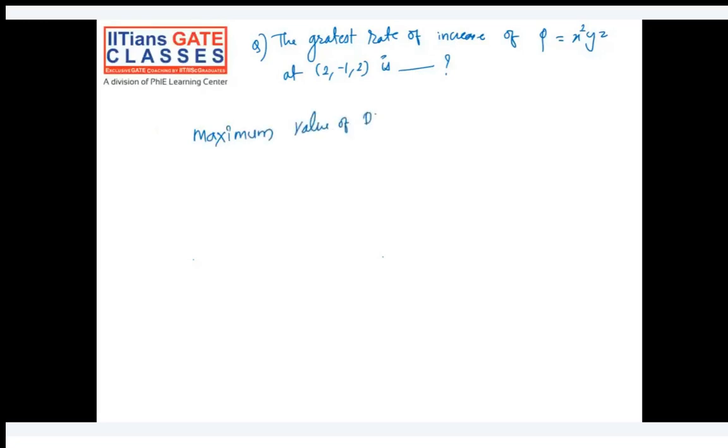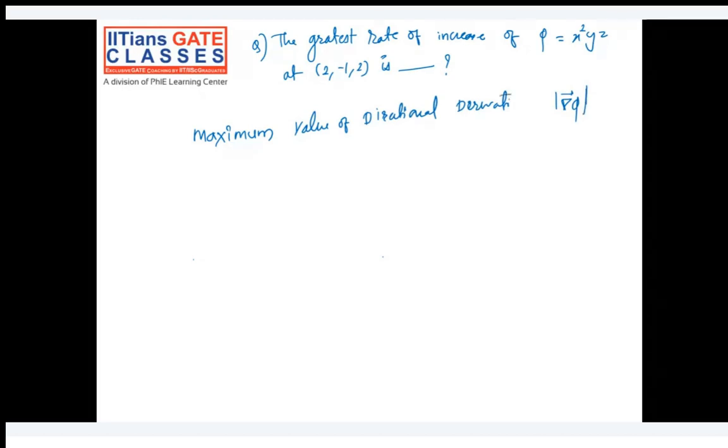And later, in order to get the directional derivative, we are calculating its dot product. So if I say maximum value of the directional derivative, and if I say the greatest rate of increase, these are similar terms, right? Because what is the directional derivative?